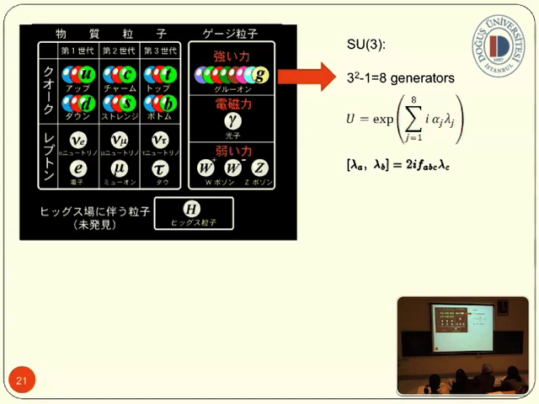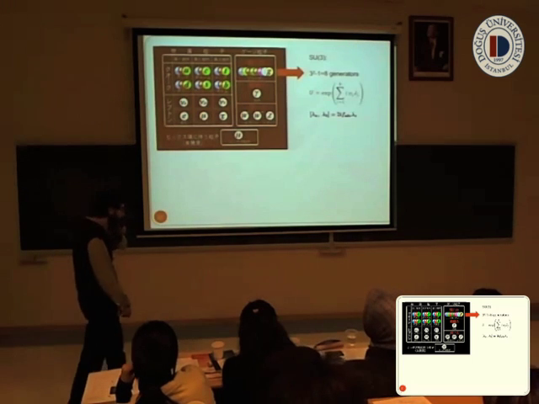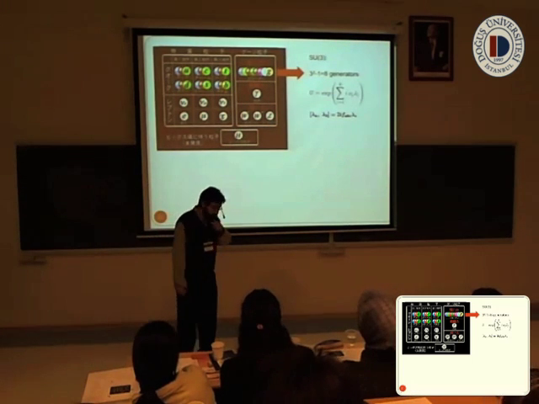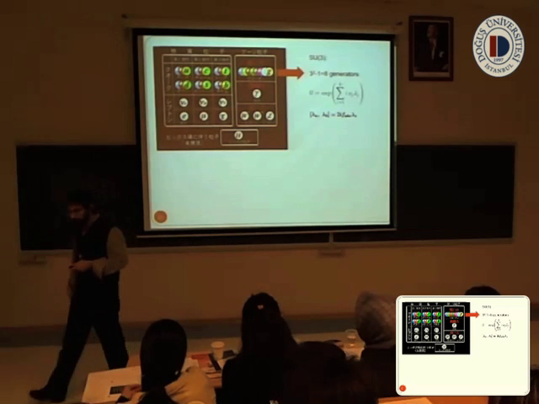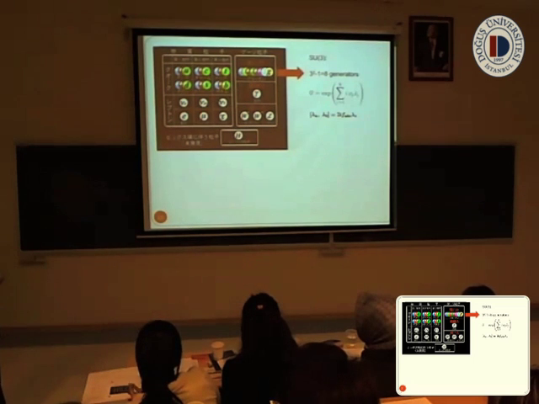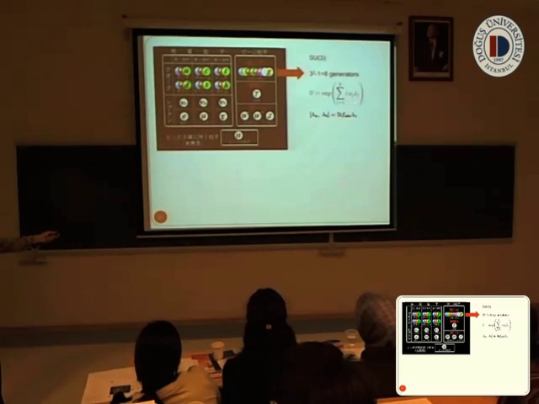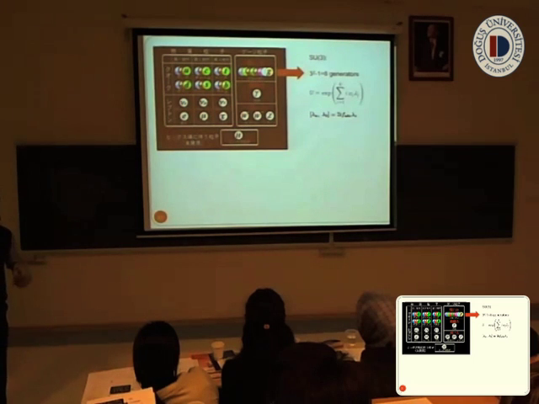And you can write an element of SU(3), just like you did for SU(2). You just use the so-called Gell-Mann matrices instead of Pauli matrices. There are 8 of them, and they satisfy a certain commutation relationship. Here f^abc are called structure constants, and Kazım will talk more about the properties.